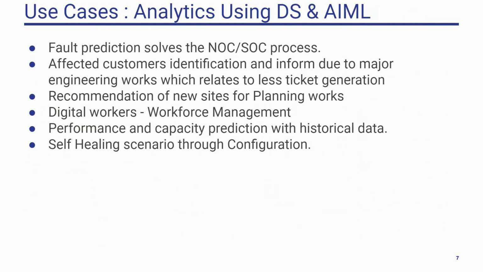Now coming to the use cases part. The first use case, and it's a very important use case from the analytics perspective and the assurance perspective, is fault prediction, which will solve the NOC-SOC process. Now, the faults that occur in your network, most of the faults, if you analyze the behavior of the network, you will always find, and I've seen this, there are certain customers who constantly keep on either upgrading or changing their network.